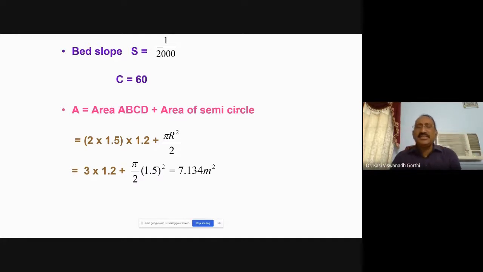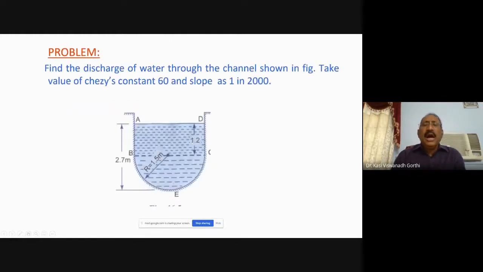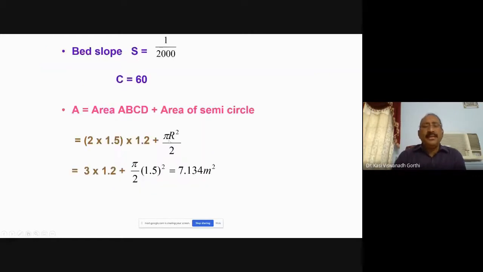The Chezy coefficient C is 60. The wetted area A would be equal to the area of ABCD, the rectangular portion, plus the area of the semicircular portion. So the rectangular portion is 3 into 1.2, plus the area of the semicircle, pi by 2 into R square, with R as 1.5.